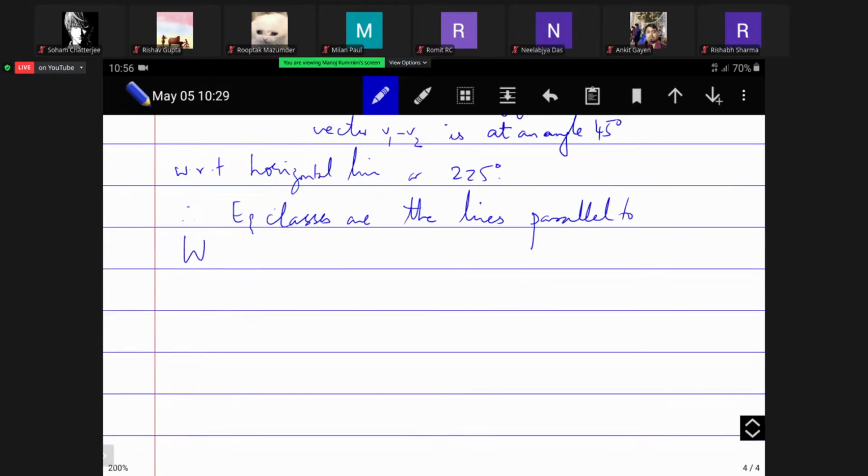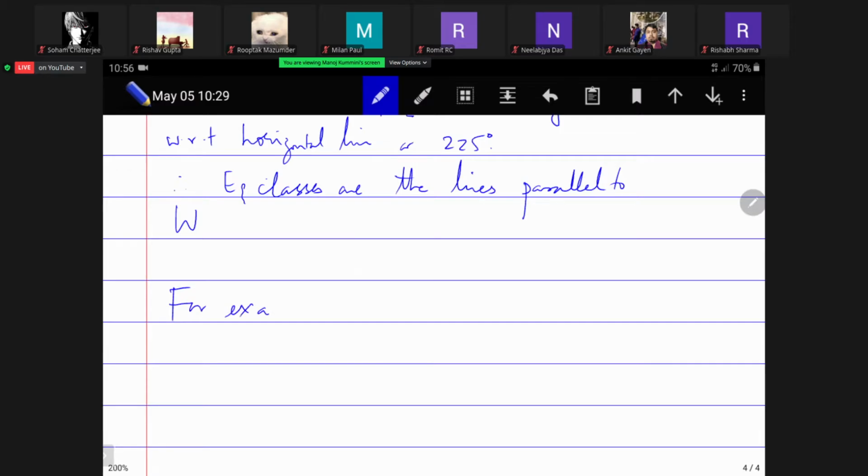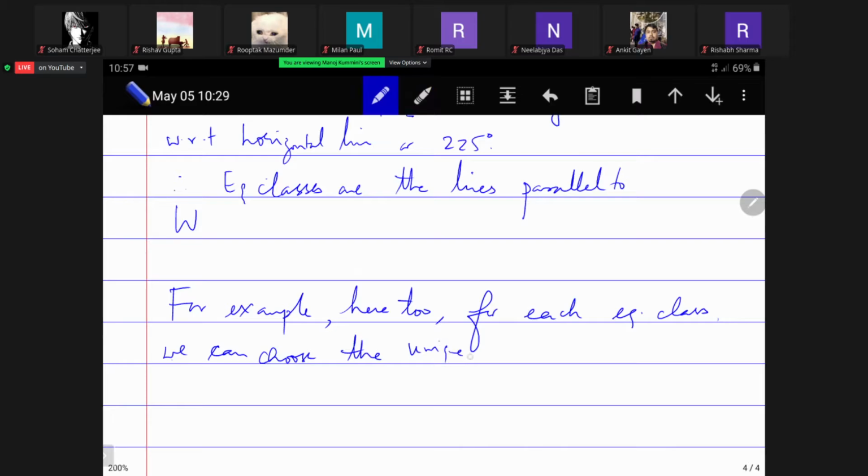So for each equivalence class, we can choose the unique vector along the y-axis that belongs to the class.